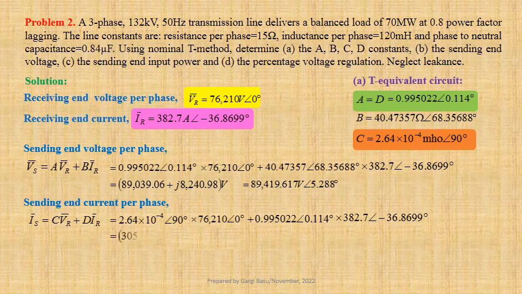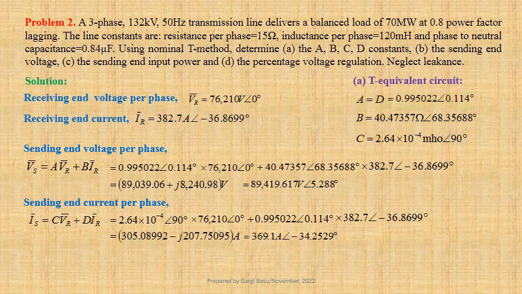That gives us 305.08992 minus j times 207.75095 ampere. This may be written in polar form as 369.1 ampere at an angle minus 34.2529 degree.